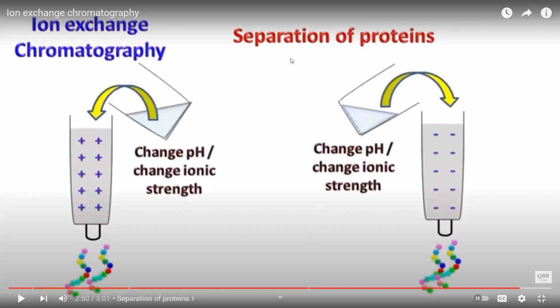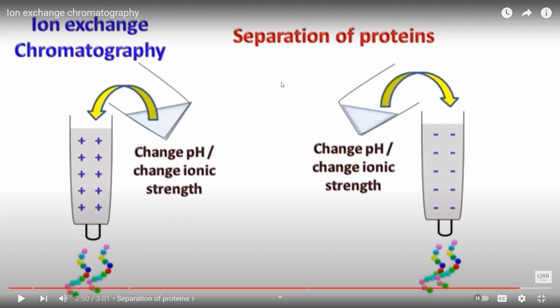So, I've been telling you about elution, that you use a buffer for elution, but you can use different conditions for elution, because the strength of the bond between the protein molecule and the stationary phase can vary, and to break that bond and elute that protein, you might have to alter some conditions.